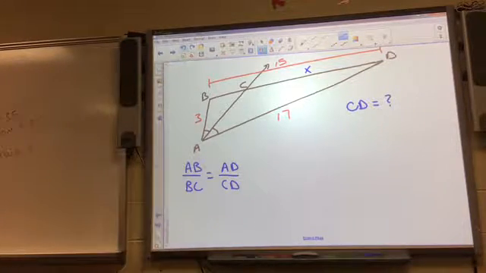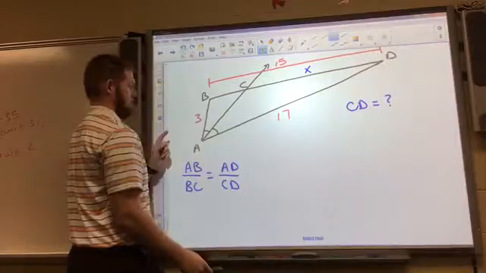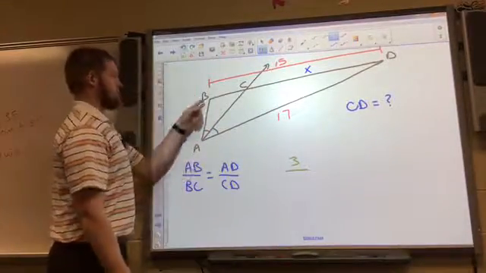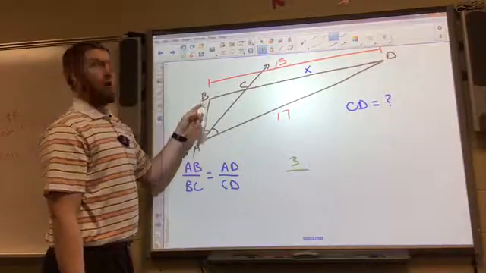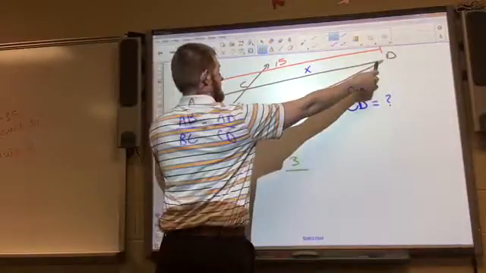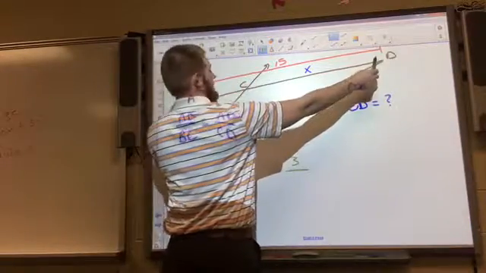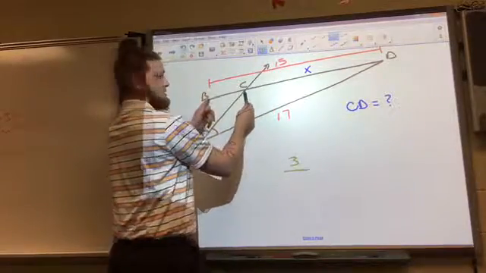Okay, so now I have this. So I can start filling things in. Well, AB is what? 3. Over BC. That's where we come to a stopping point. The whole thing is 15, right? And this part's X. So I must take 15 minus X to get what's left.